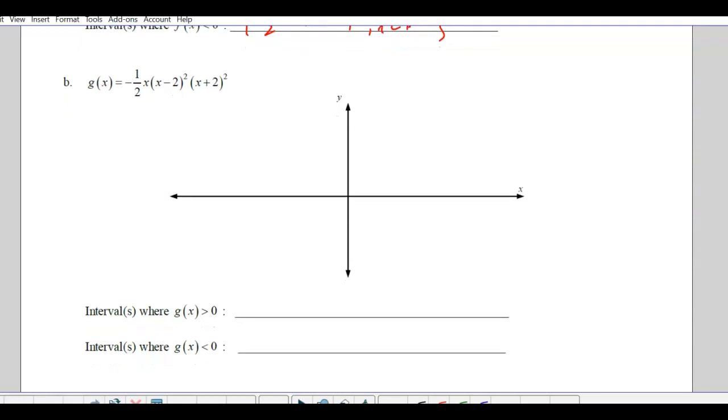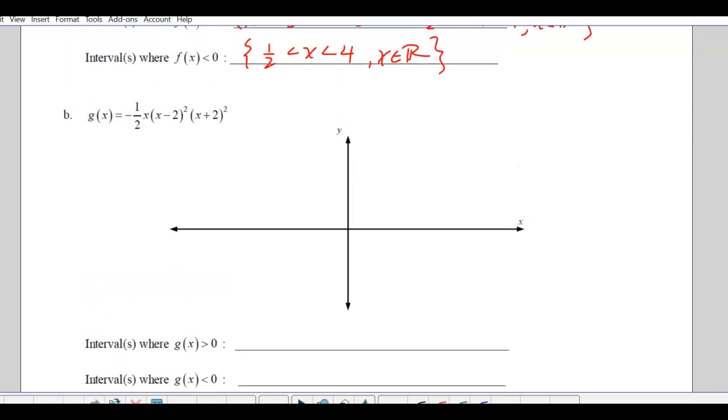Okay. So next one, you're not given the prompts, you just have to sketch it. So in this case, let's look for our x-intercepts. We need to remember there's a factor of x there, x minus 2, x plus 2. So there's an x-intercept at 0, there's an x-intercept at 2, and at -2.